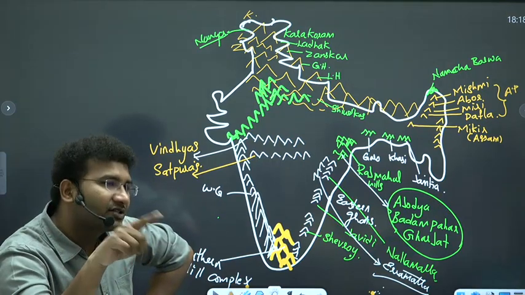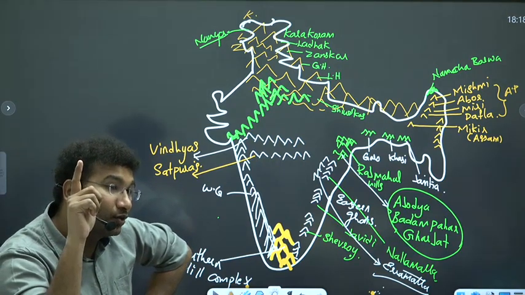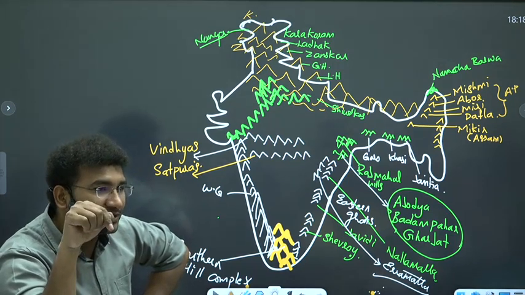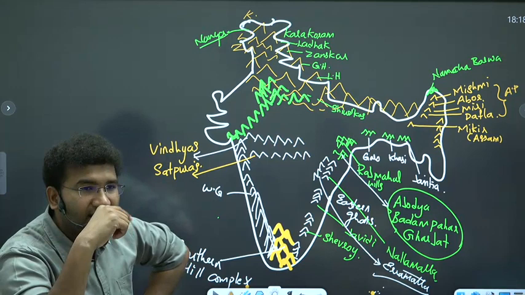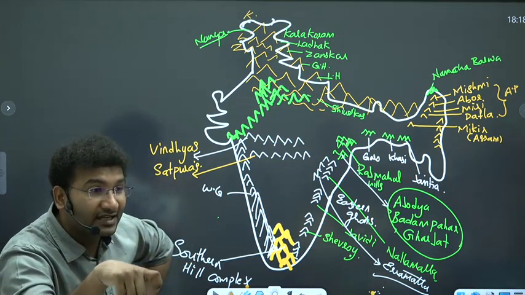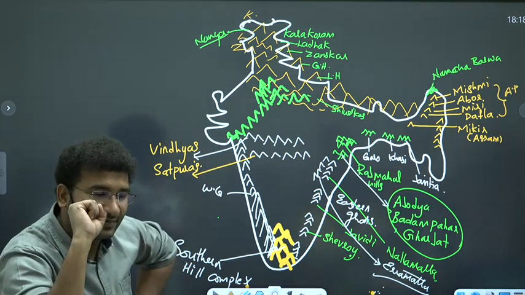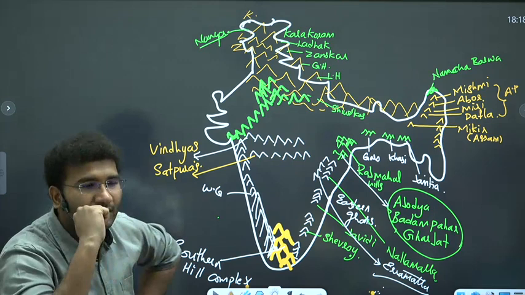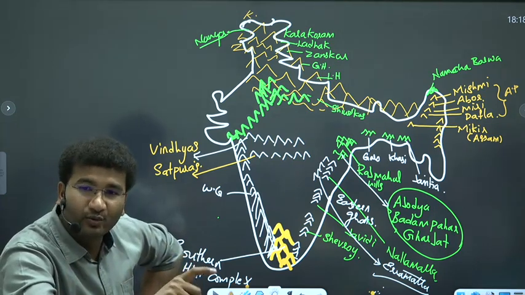The extension of Shivaliks can be seen in the form of duars, D-U-A-R-S. Duar formations. NCERT says that the extension of the Shivaliks can be seen till the eastern side. It is an extension, it is not the mountains. In the western side, duns are formed. In the eastern side, duars are formed.